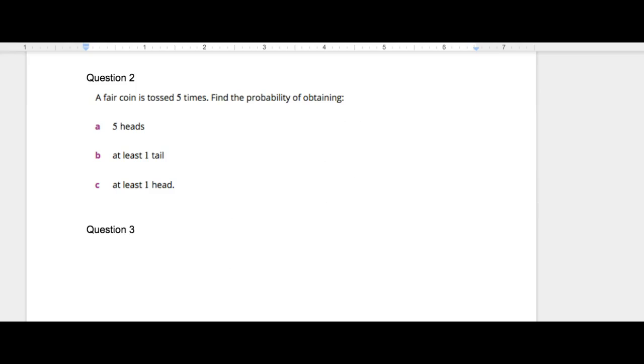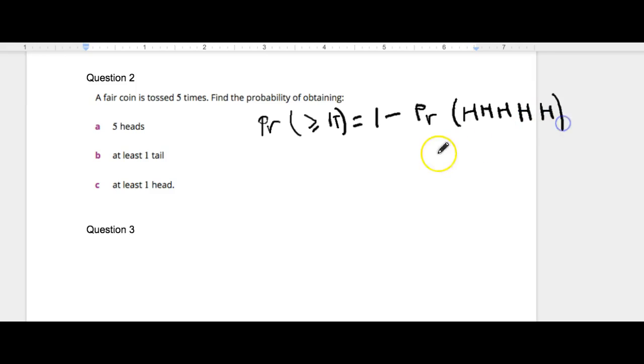All right, let's move on to the next one. At least one tail. There are many different possibilities for at least one tail, but basically you can say the probability of greater than or equal to one tail is equal to 1 minus what we don't want, so 1 minus the probability of getting all heads, which we just did.